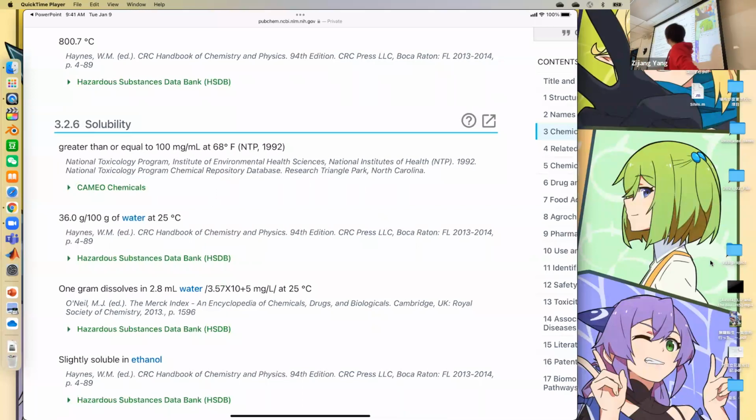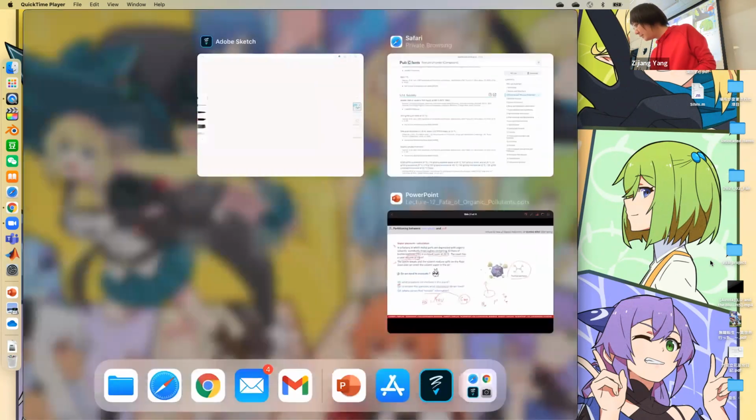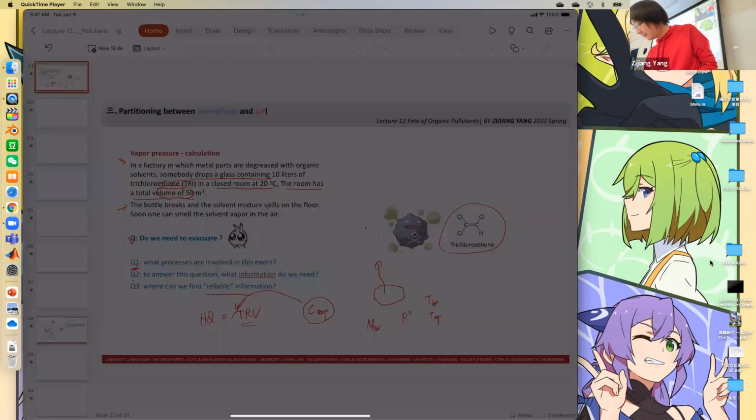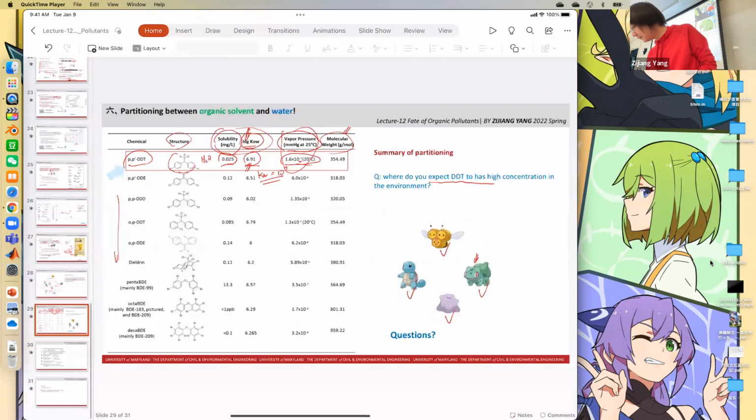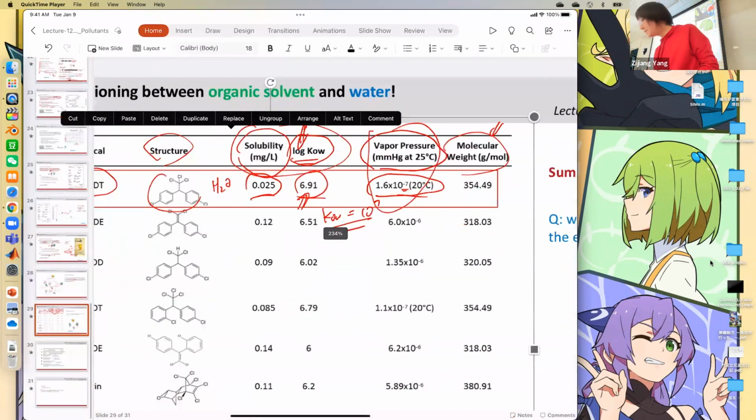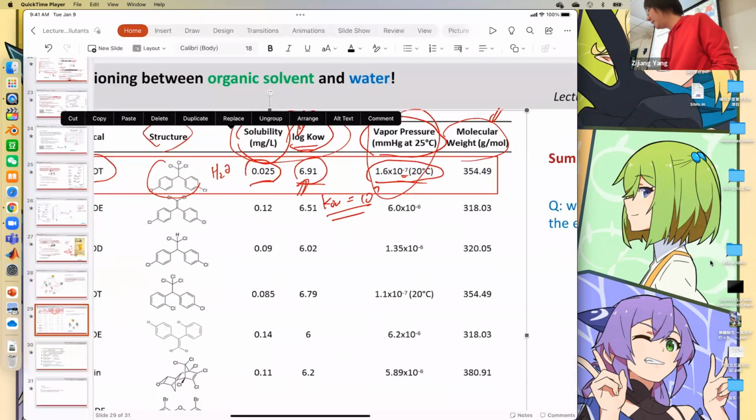Like it has 63 gram, which means it has 300. Yeah, 63. In the meanwhile, we can see for the DDT that it is much smaller, and this is milligram.